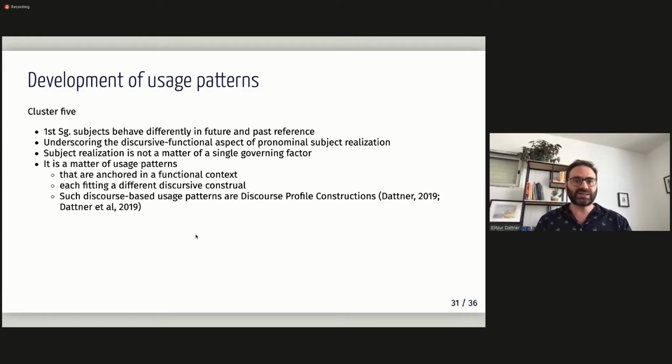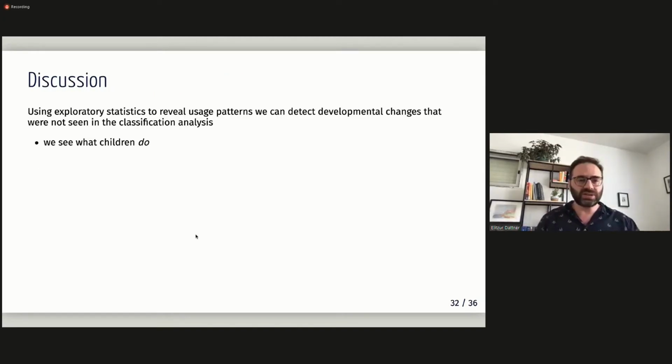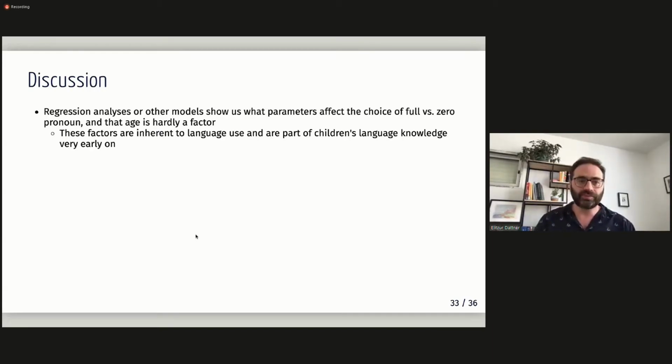It is not the case that there is one grammatical subject, but there is a subject for every discourse pattern. So using exploratory statistics to reveal usage patterns, we can detect developmental changes that were not seen in the classification analysis or other regression analysis, for example, because we see what children actually do, not what they can do, but what they actually do.